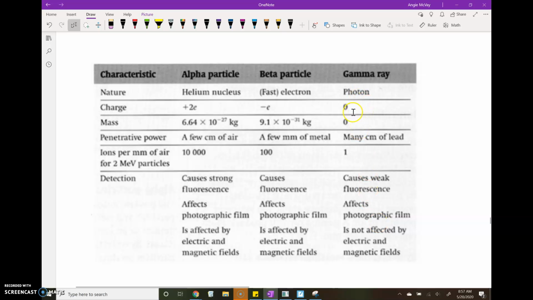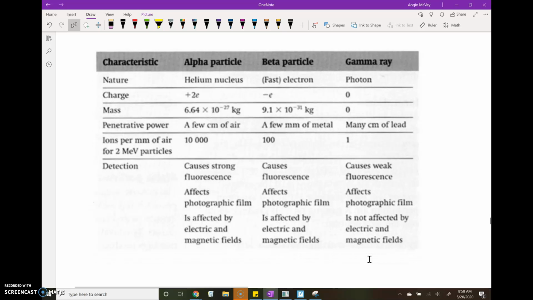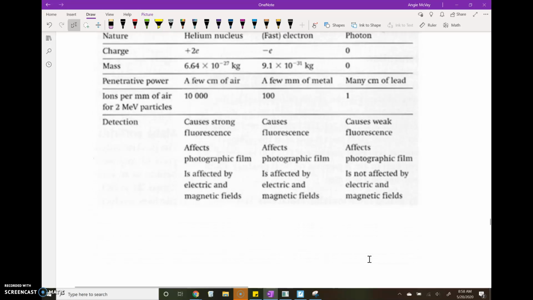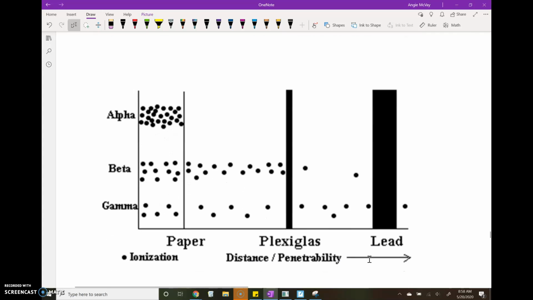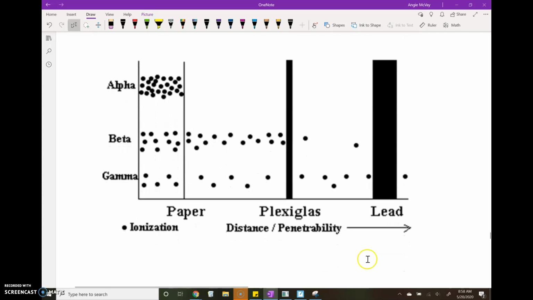A photon obviously has no mass or charge. It can go through many centimeters of lead sometimes, but is not very ionizing. It causes fluorescence, it affects photographic film, but it does not affect electric or magnetic fields. So I've got a little graphic for you.